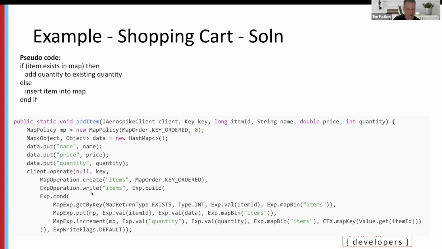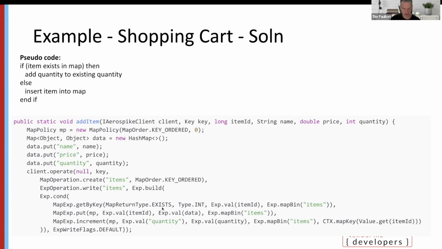But then I'm going to do a write. Remember, I'm changing something in the bin based on a condition. So I need to tell it that I'm using an expression which is doing a write. So I'm going to change the items map. And what my expression is, I'm going to use that condition. So if the map key exists, so does it already exist in the map?